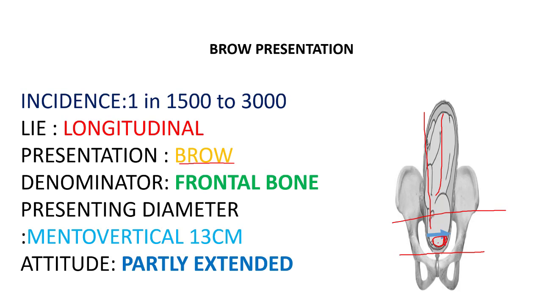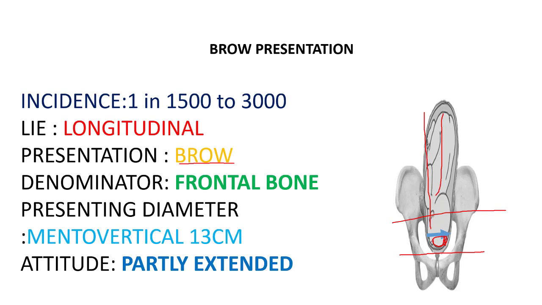So frontal bone is only bone, while the forehead or brow consists of bone as well as other connective tissues, blood vessels, hairs and the scalp, etc. Once again, the denominator tells the position of the presenting part relative to the maternal pelvis.